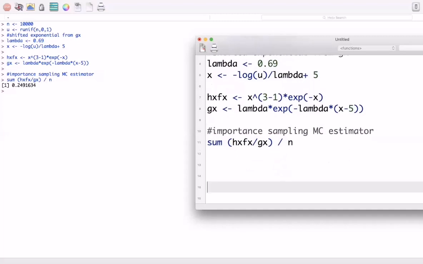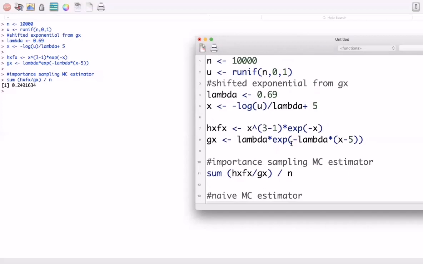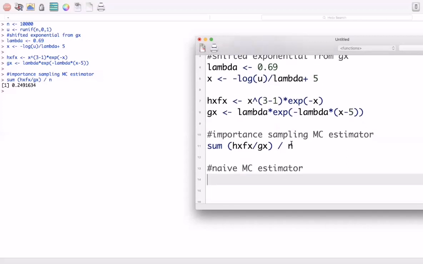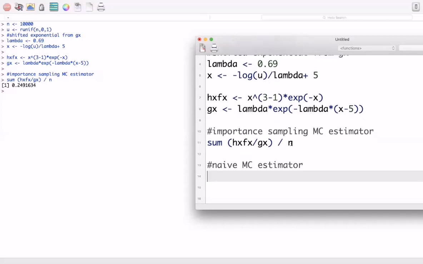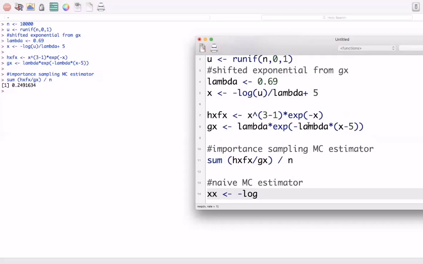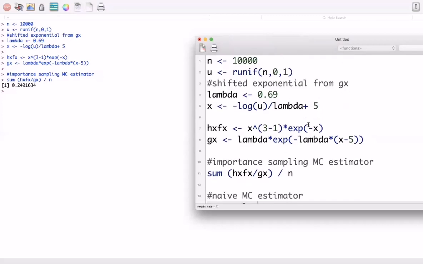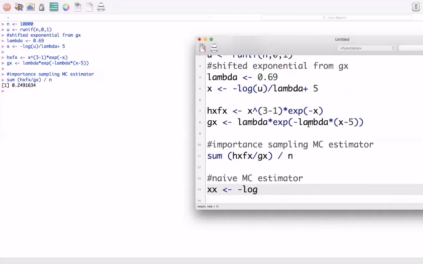Now, if you use the naive MC estimator, which is just the one where you simply sample from the exponential, maybe we call that x exponential. The naive one would be just exponential 1, so negative log of u.